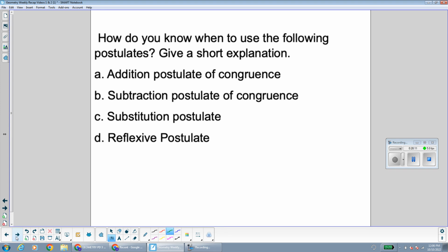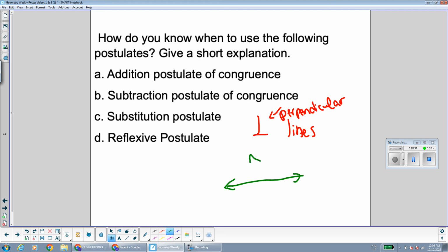The last thing I wanted to mention, and it didn't come up in the questions, but I do want to mention it, is when we have perpendicular lines, and that's our symbol for perpendicular. Perpendicular lines form 90-degree angles.